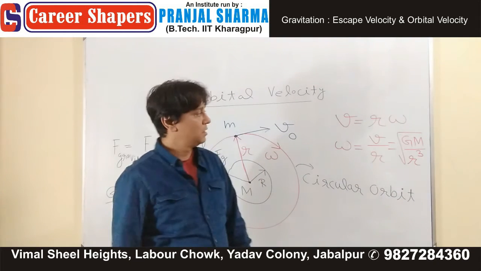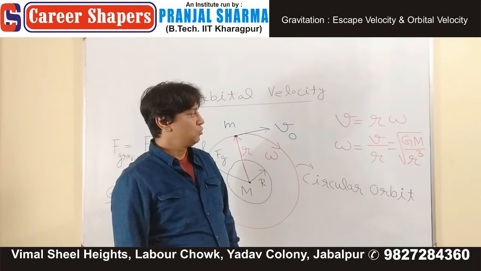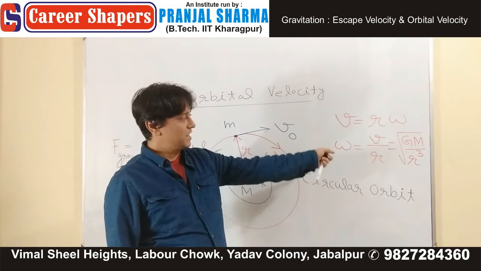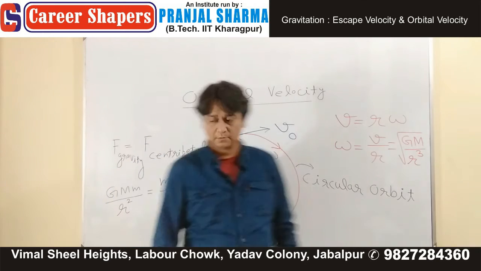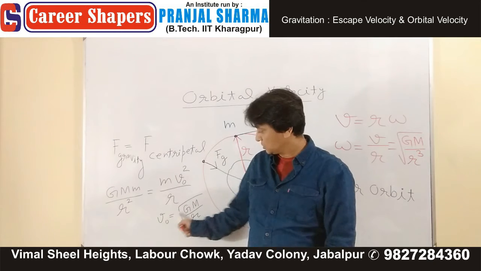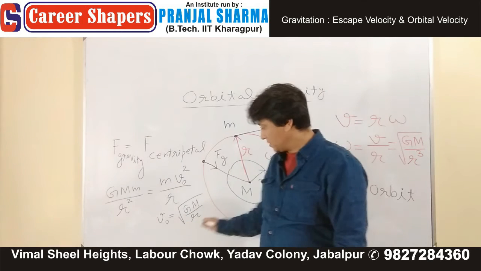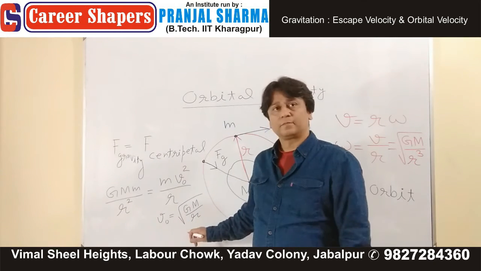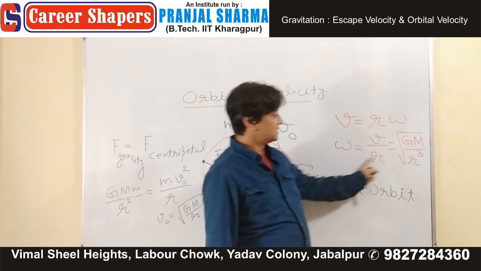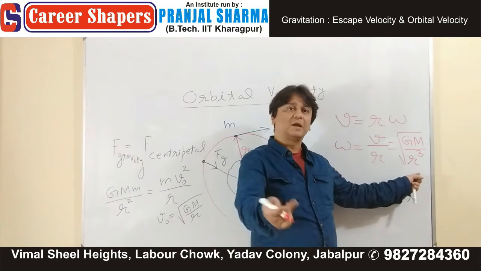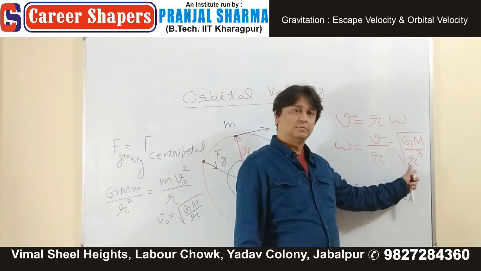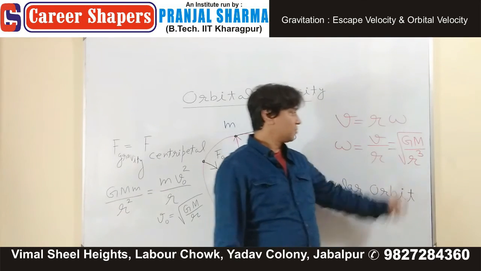That's your omega. Root over GM divided by r cube. This is V. When you divide this thing with r, you can take the term of r inside, make it r square. r is already present. That becomes what? r cube. That's your omega.